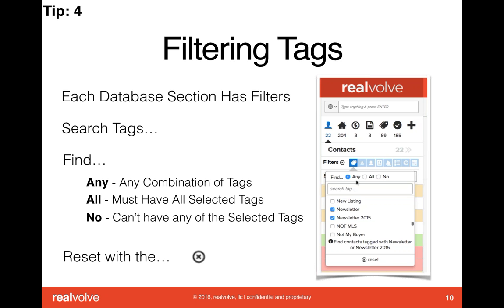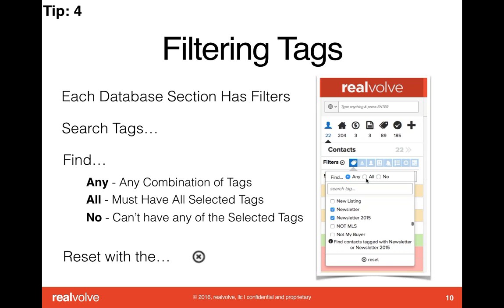The OR is the any option. Any combination of these. If I've got a person that's newsletter, or if they're newsletter 2015, or if they have both options possibly, I could put them, by checking them, it will effectively reduce or expand the types of people that I have in my list.